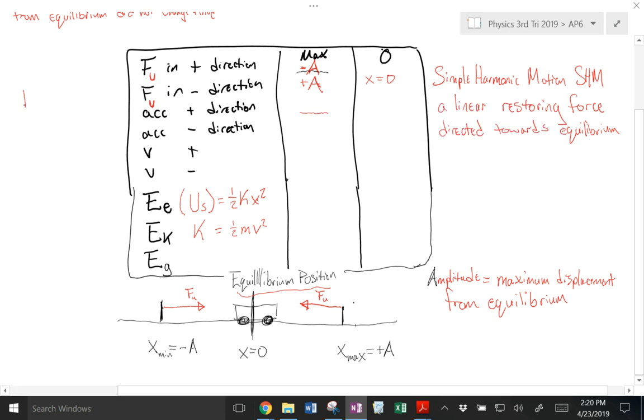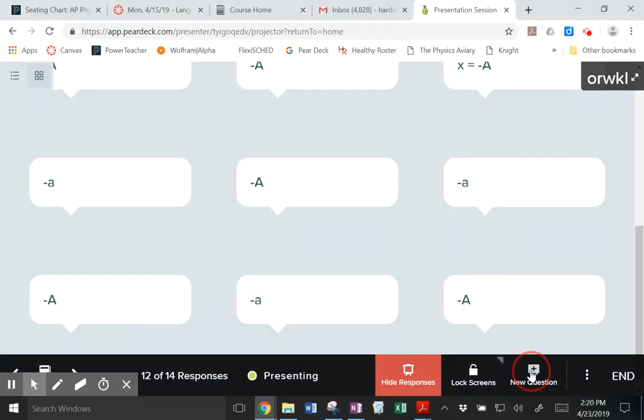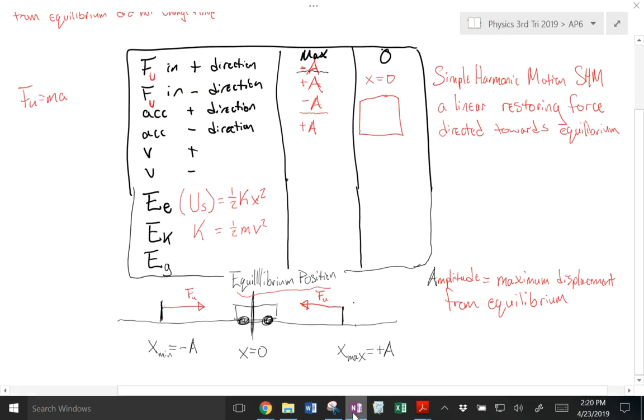So where the unbalanced force is at a max, that's where your acceleration is going to be at a positive max. So that's negative A, so that's positive a. So how about this question then, friends? Where is the acceleration going to be 0?